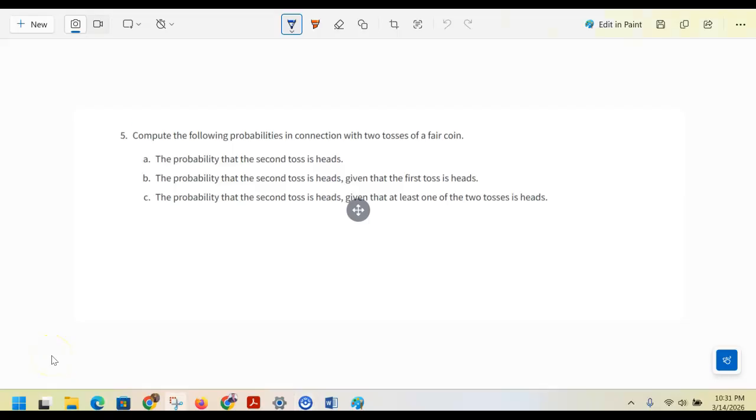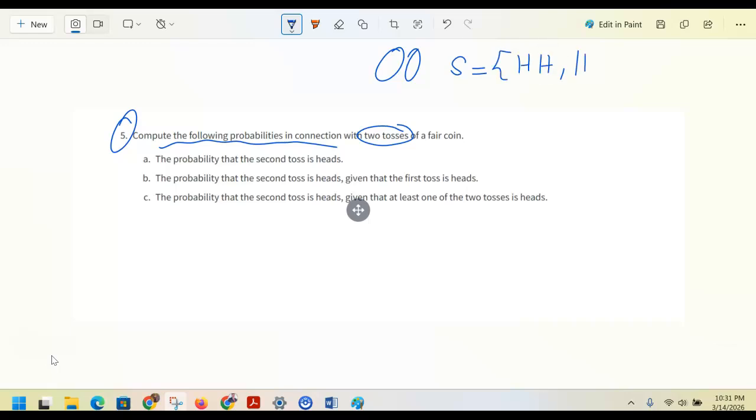Question number 5 says two coins are tossed. The moment you toss two coins, the first thing is you have a sample space: first head, second head or tail, or tail first and second head or tail. So there are four outcomes. The next question is what is the probability that the second is head?